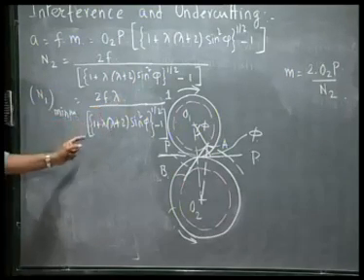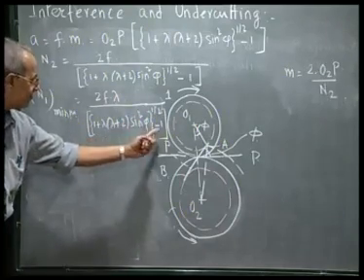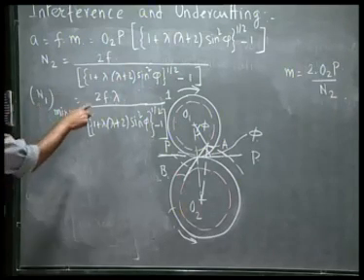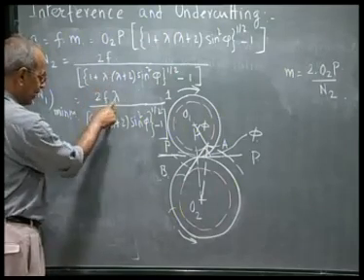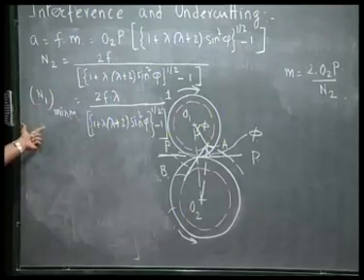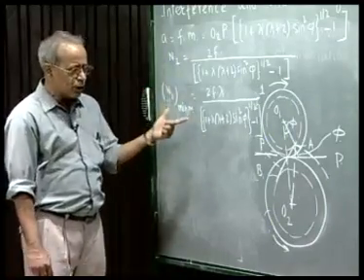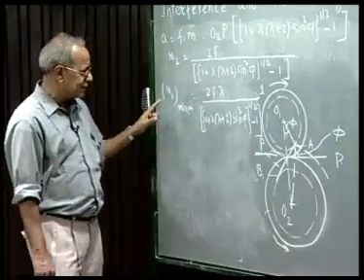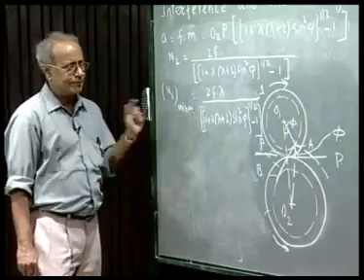Two f lambda divided by 1 plus lambda into lambda plus 2 sine squared phi, this whole thing to the power half minus 1. So, this is the minimum number of teeth required to avoid interference while transmitting an angular velocity ratio lambda, and lambda as we have defined is always less than 1. So, this is how we get the minimum number of teeth to just avoid interference. N1 at least should be this much. If N1 is more, then the teeth will be smaller, so there will be no problem. This is just when the interference starts. So, N1 should be more than this N1 minimum.